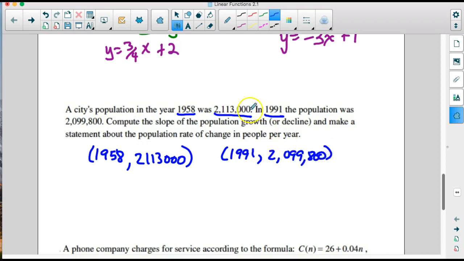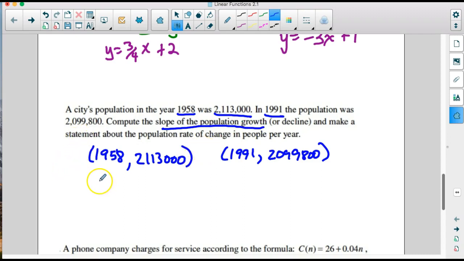Okay, and see, I didn't want to use those parentheses or commas there, because it makes it look strange here. So we don't want to use commas on the second one. 2,099,800. Okay. So these are our points. It says compute the slope and make a statement about the population rate.